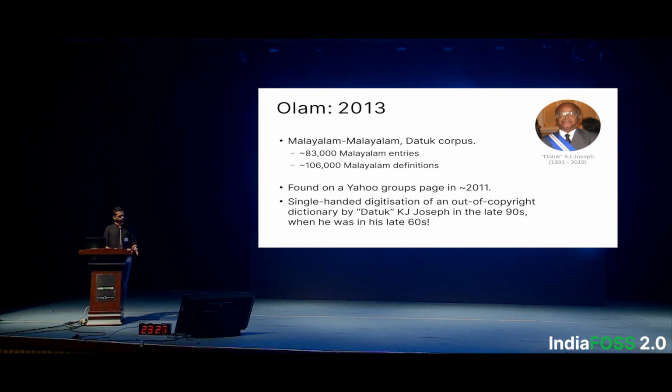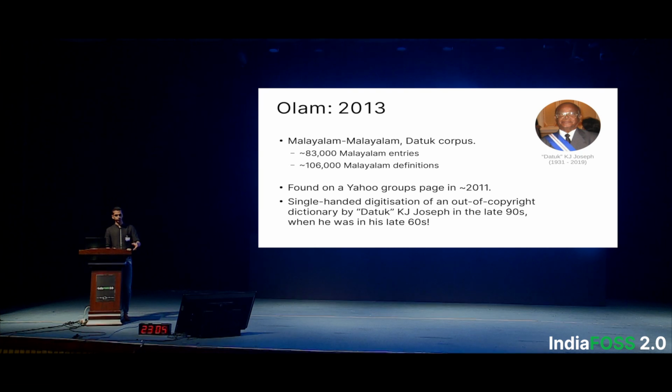And it was in, again, some ASCII font. Unicode fonts weren't as widespread. And then I realized, it was on this Yahoo group, I dug up its history and I realized that that file had been uploaded in the late 90s or early 2000s by a person named KJ Joseph.